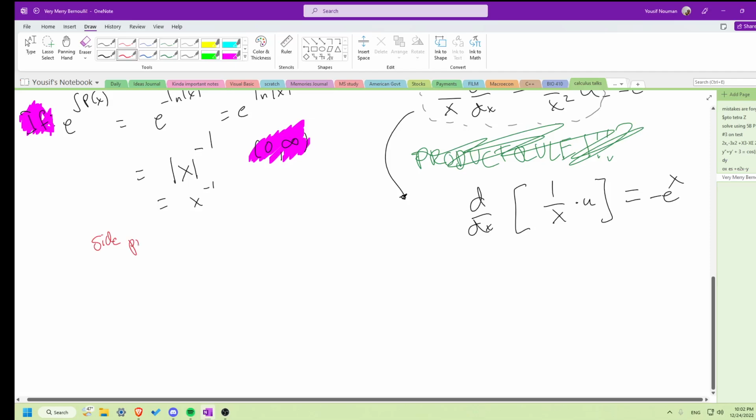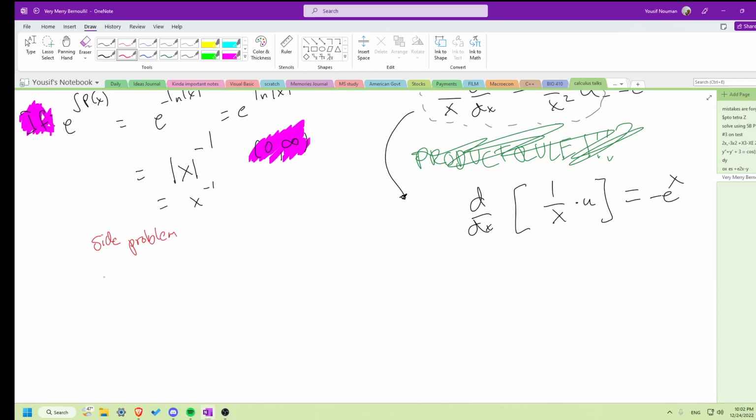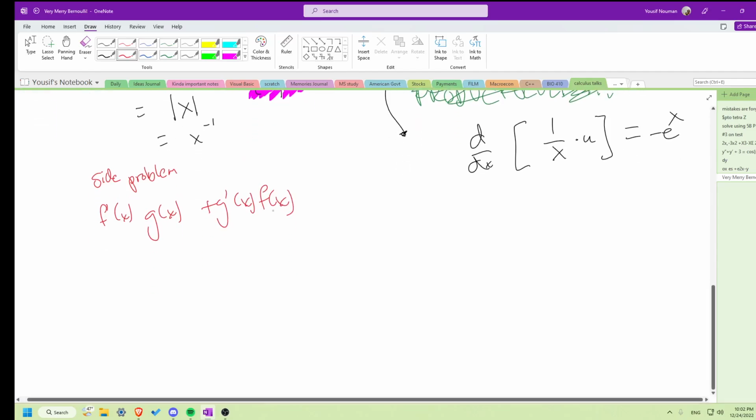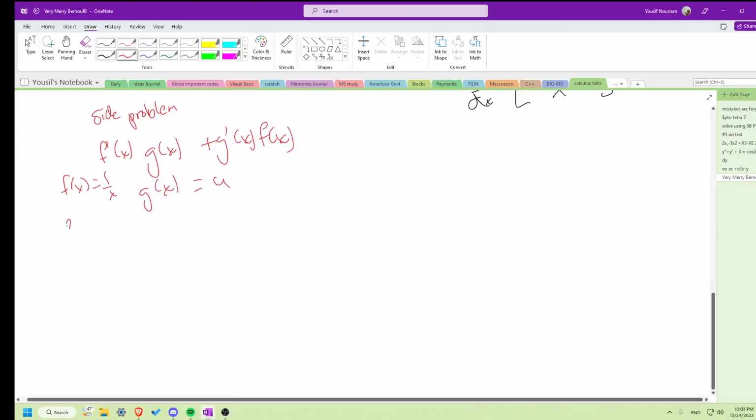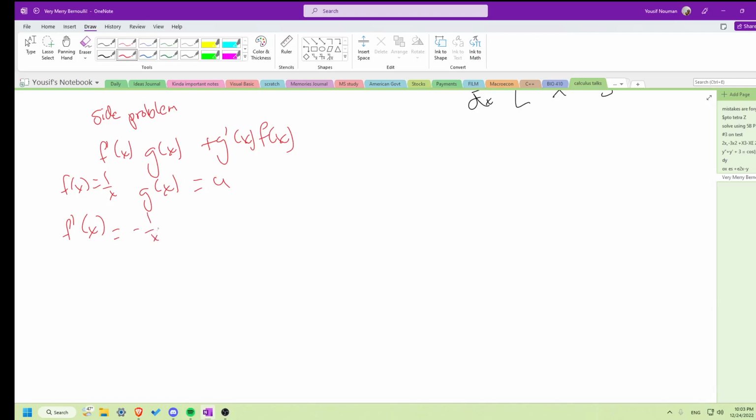Side problem. What is the product rule? f prime of x times g of x, plus g prime of x times f of x. Quite simple, right? So f of x is equal to 1 over x, g of x is equal to u. f prime of x is equal to, well, it's x to the negative 1, so it's going to be negative 1 over x squared.